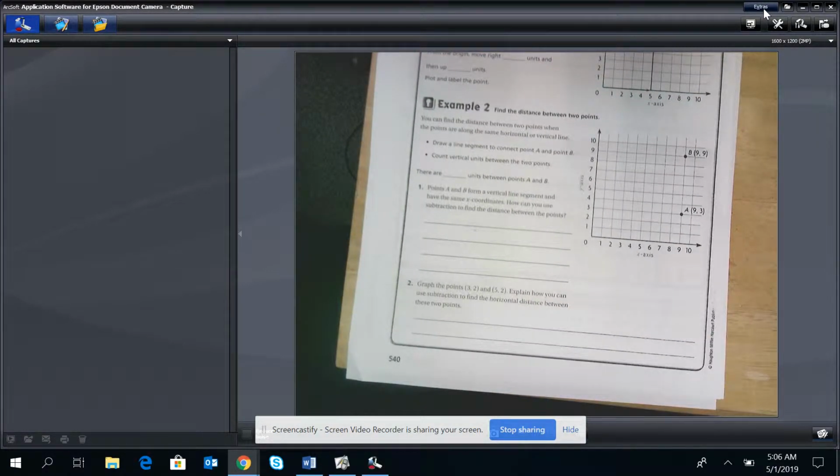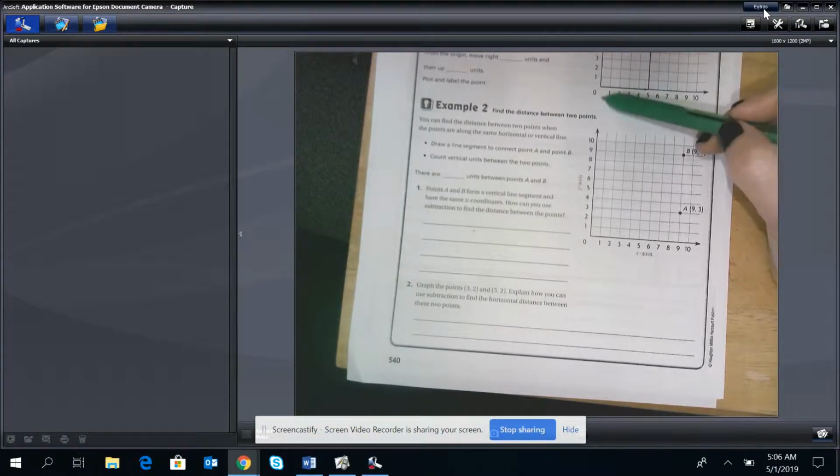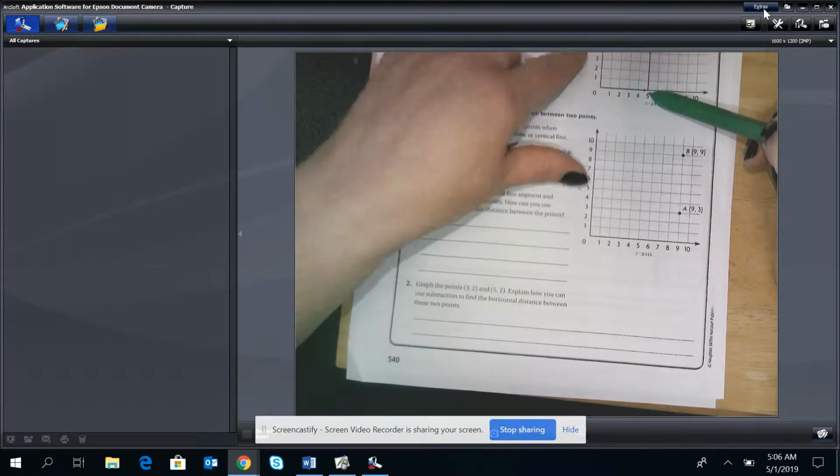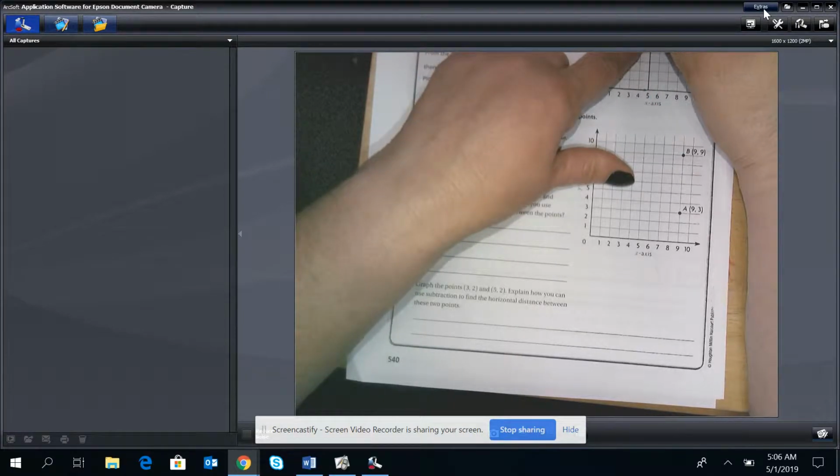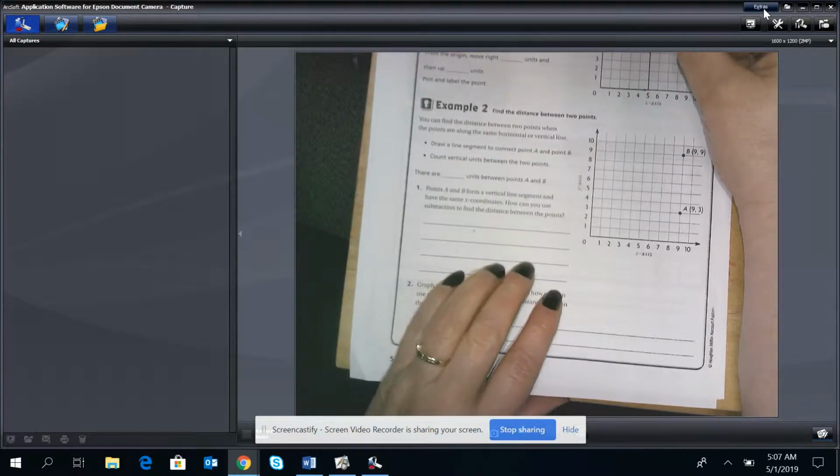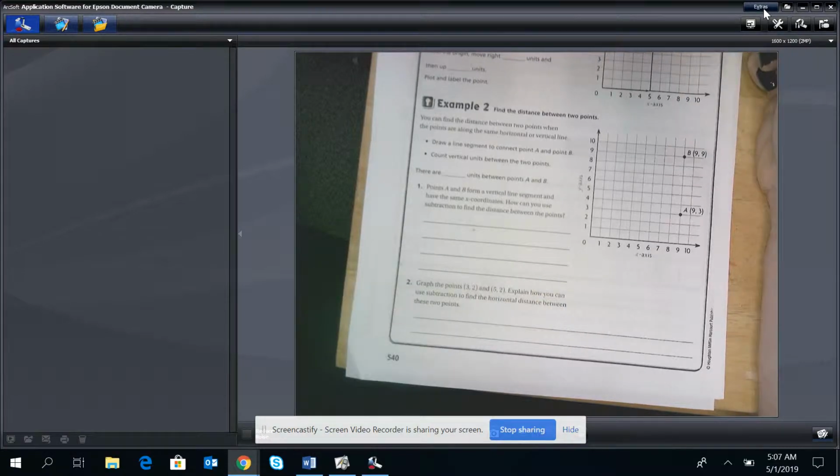A point on the coordinate grid can be labeled with an ordered pair, a letter, or both. So you can decide how you want to do those, or they'll tell you. Right now they said plot, which means put it on. Plot the point (5, 7) and label it J. So we're going over 5, up to 7, and we labeled it J, and they also labeled it with the ordered pair.